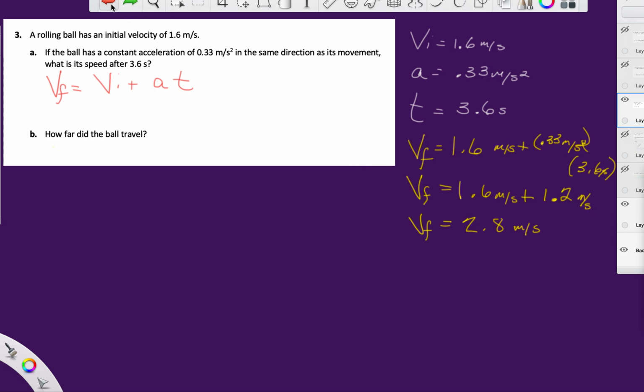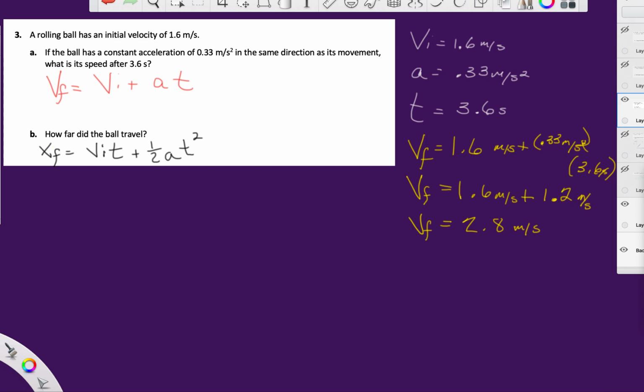Can't see the yellow on it. So let's go ahead and use something dark. X final equals x initial, but there's no initial displacement. It doesn't say anything. VIT, initial velocity times time, plus 1/2 times the acceleration times time squared. So this is going to help us out quite a bit. It's going to be really, really, really simple.